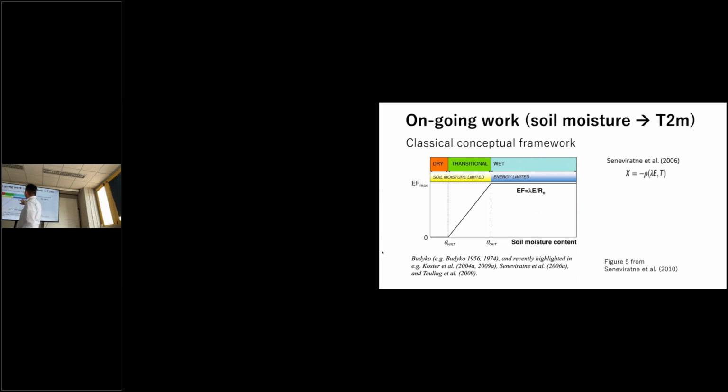And in the very wet regime, again, we thought that this value is actually saturated, and land soil moisture can change the ratio of the energy partition. But based on our results, it seems to be a bit different.